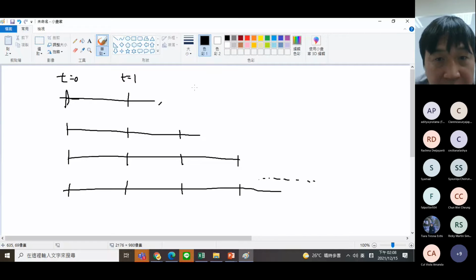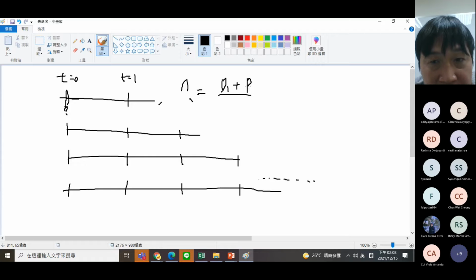So your current value is reflected by dividend one, and at the terminal date you have the residual value, we know the P1, right?